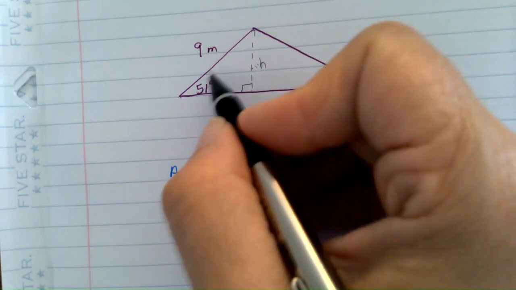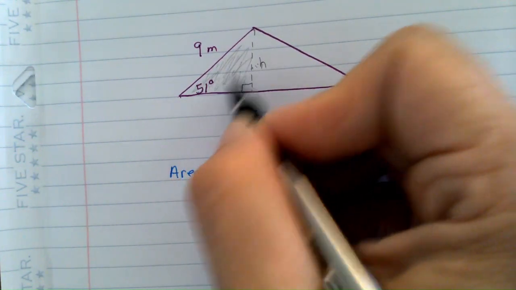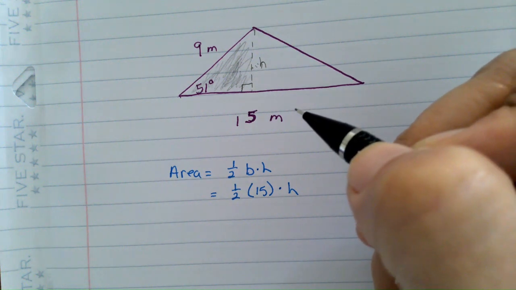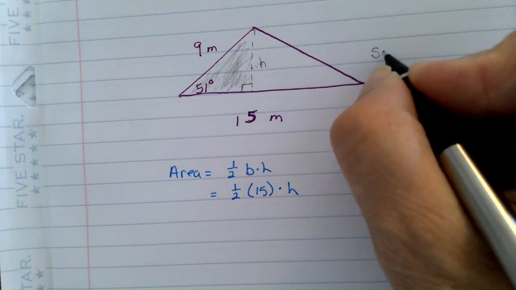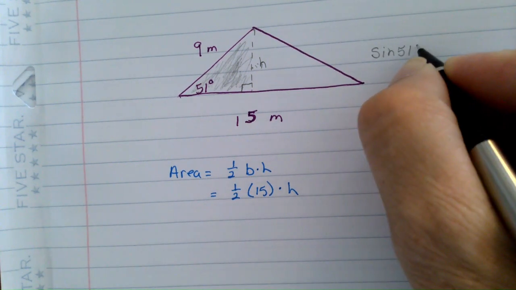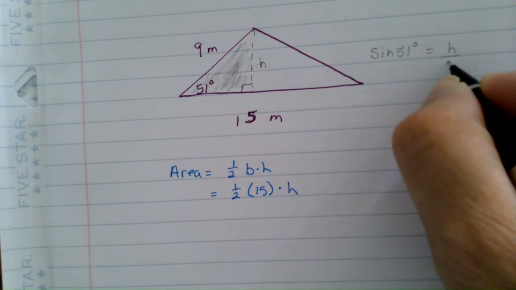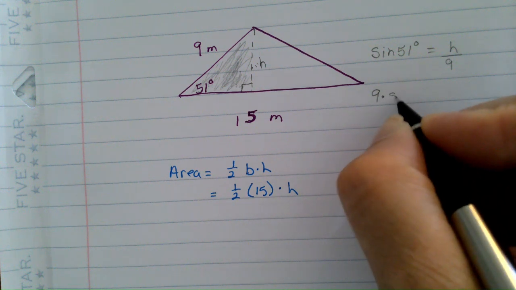We know that now we have a right triangle right here. And so we can do SOHCAHTOA with that. And I know that the sine of 51 degrees in that shaded triangle is going to equal the height divided by 9. So to solve for height, I would have 9 times the sine of 51.